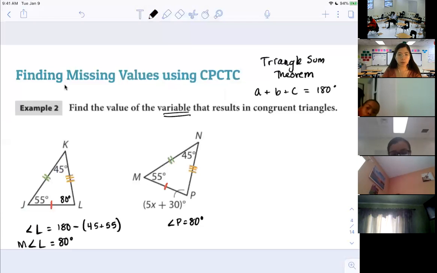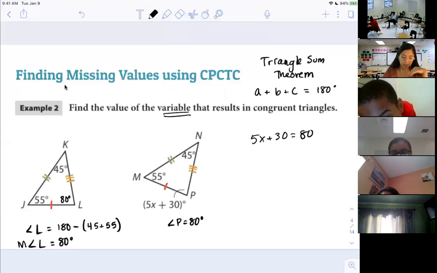So what equation can I set up? Yeah, 5x plus 30 equals 80, and I see Jalen already got the answer, so we're just going to subtract 30 on both sides. What's 80 minus 30? Good, 50. Divide that by 5, and I get x equals 10. Good job.